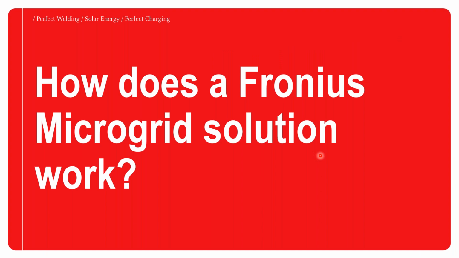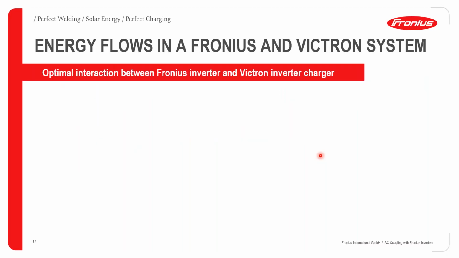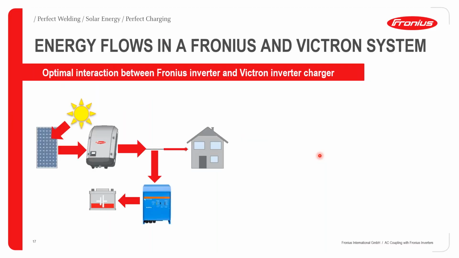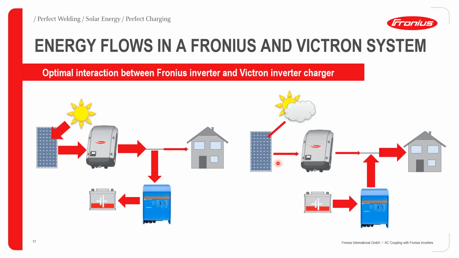So then how does a Fronius microgrid solution work? There is optimal interaction between the Fronius inverter and a battery inverter, let's say a VICTRON inverter charger, and it works as follows. When you have set up everything and the PV array is generating power, you can see that depending on the portion of power that the load is taking, the balance or the excess of that is going back to recharging the batteries.